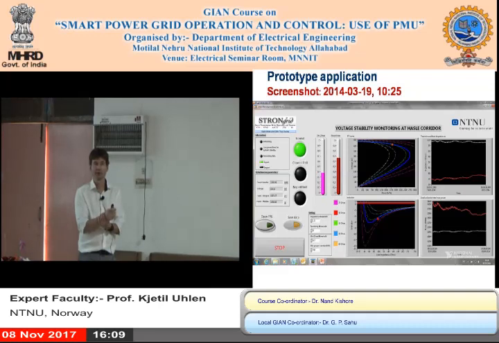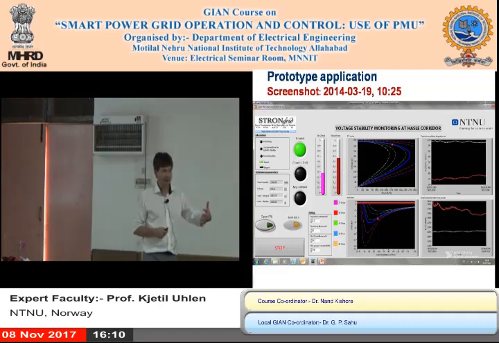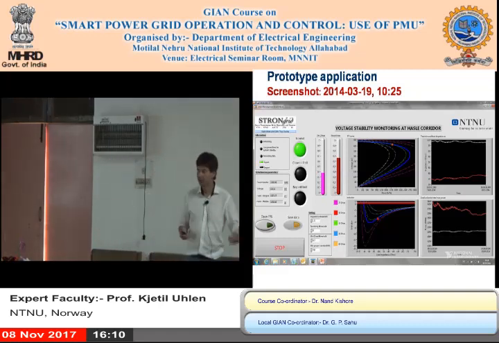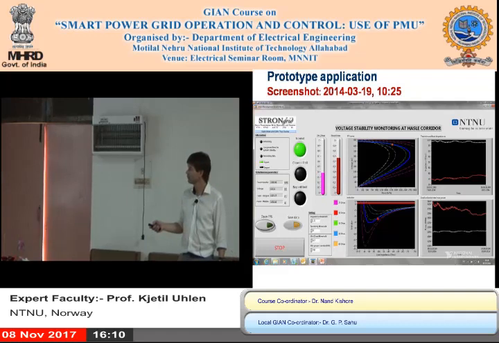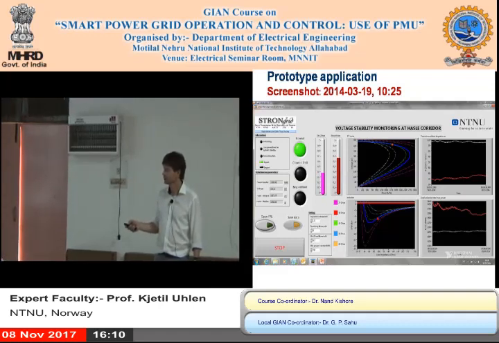I'm not talking about the stability point. I'm talking about the maximum power transfer, because you don't know from this whether this is a bifurcation point that results in instability, but you know that it's a maximum transfer, and it's likely that you will have a voltage collapse or a voltage instability phenomenon when you reach that point.